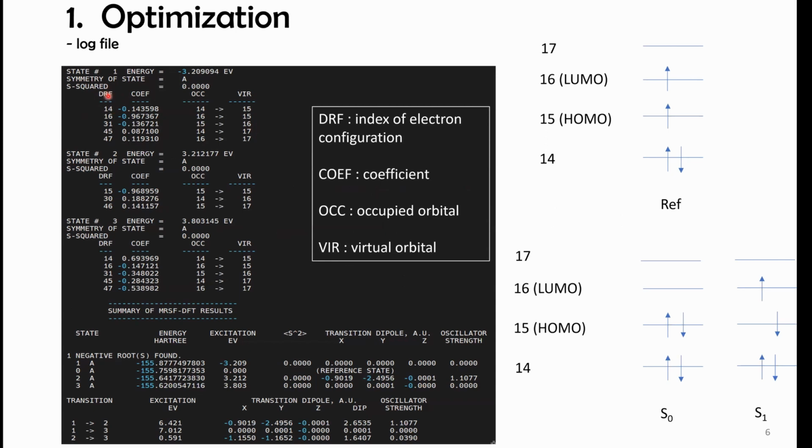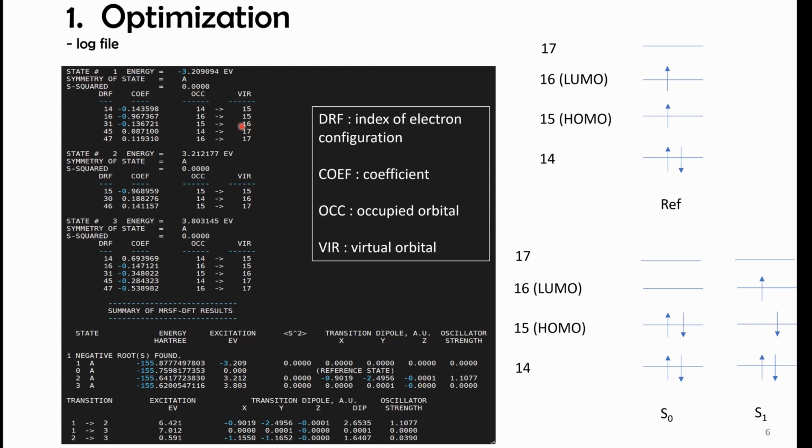This DRF is kind of an index for a specific transition, this is the coefficient of that transition, and these are the orbitals where the electron is removed and where the electron becomes occupied.